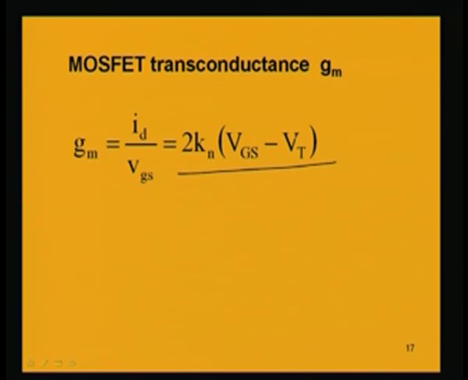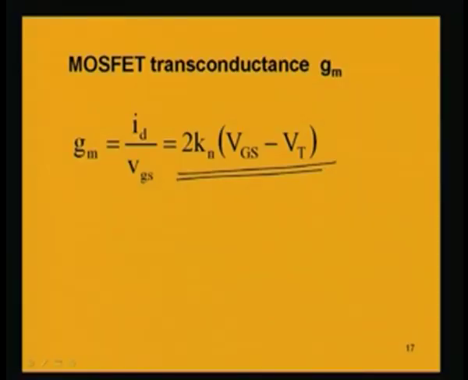So by transconductance we know a very important parameter for the MOSFET device which we are using. That transconductance is equal to this right hand term, which actually characterizes the MOSFET. This will be very important when we discuss the amplifier small signal model.